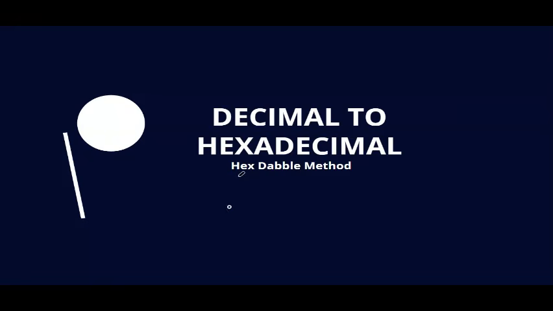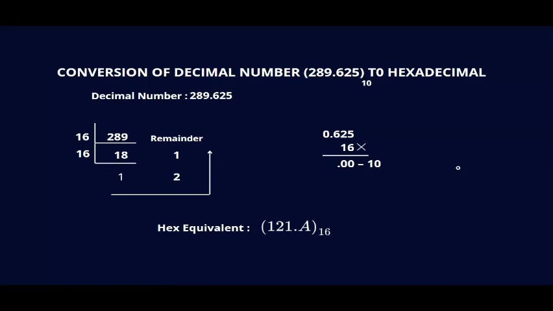The hexadecimal method is used for decimal to hexadecimal conversion. Let me explain this with an example. We shall see the conversion of the decimal number 289.625 to its hexadecimal counterpart.